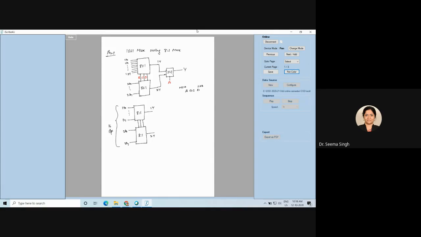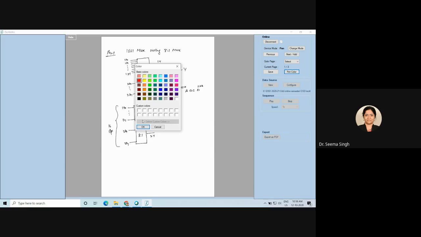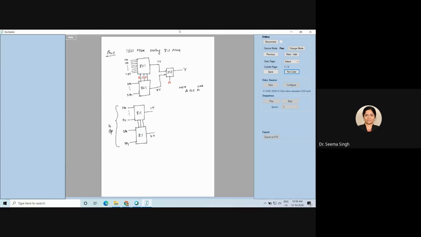Okay. Now, how do you do this if I don't give you this 2 is to 1 mux? I'm not giving you. What will you do?